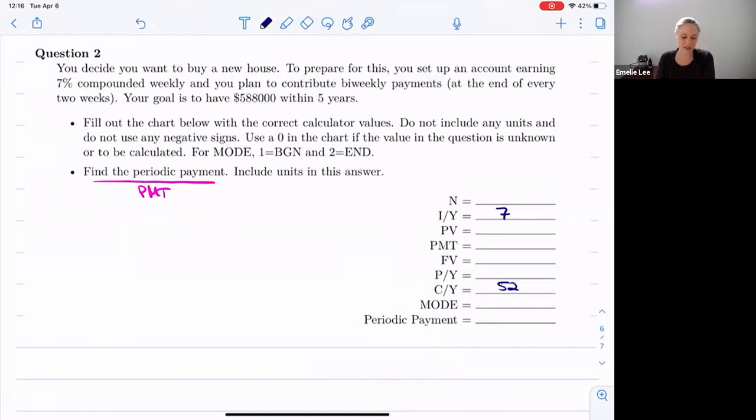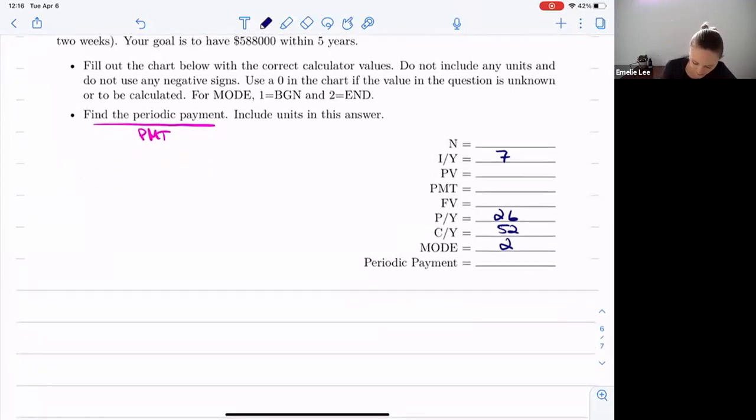And you plan to contribute bi-weekly payments, so 26 payments per year at the end of every 2 weeks, so the mode is 2. And your goal is to have 588,000, so the future value should be 588,000. No units, no negatives.